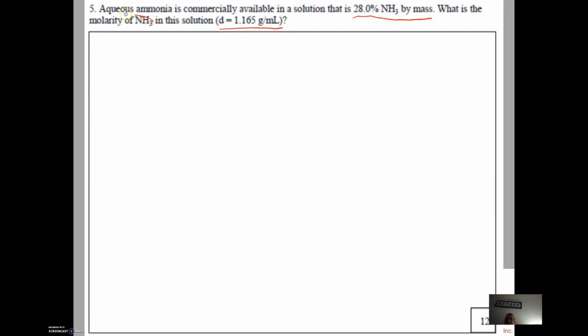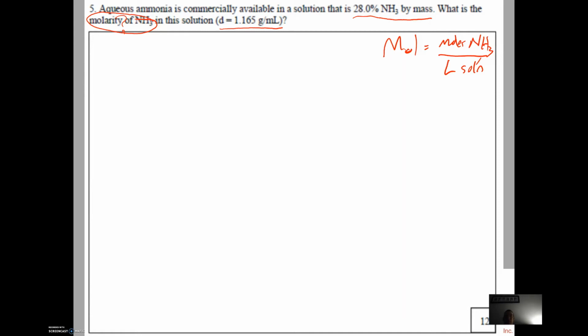And the question is, what is molarity of NH3? And so to answer this question, we have to start off with what we're given to work towards the answer. So we know that molarity, as we just talked about, is the moles of NH3 divided by liter of solution. So those are the units that we want to get to in order to answer this problem.